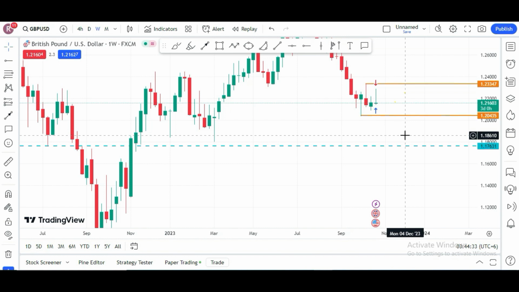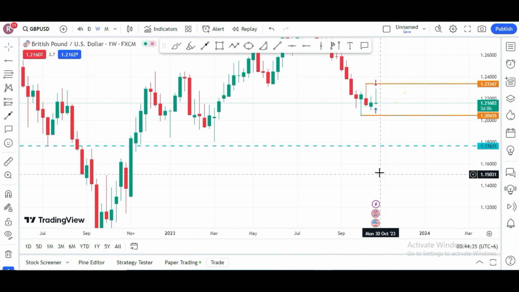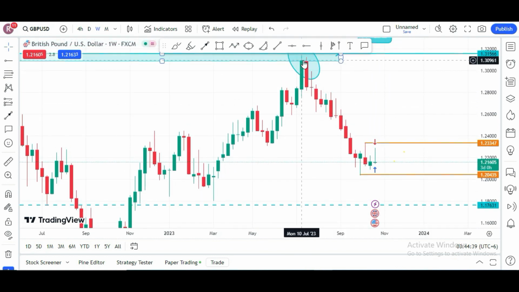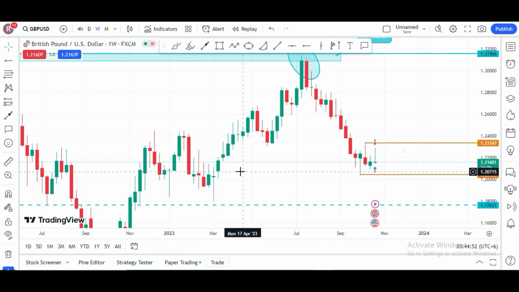Now the question is, if we see, this top is responsible for this low, this bottom, and it has not particularly created anything here. But we can check that it has created a double bottom here in the week.